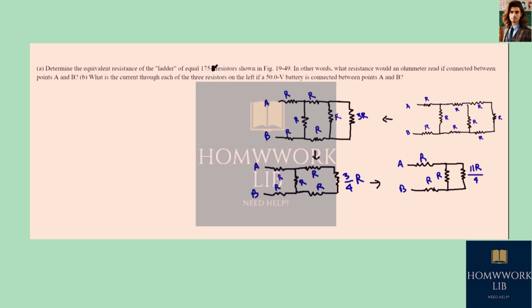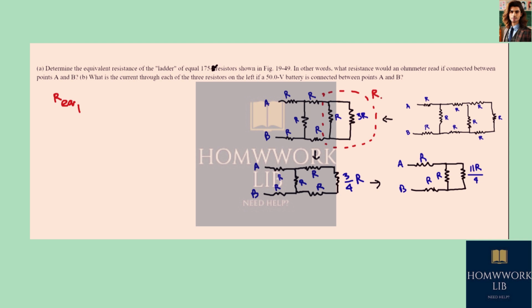Now from there we know that again we are going from the right, so these two are in parallel connection, so we need to find the equivalent resistance for them. So let's call it Req1. So we're trying to find the equivalent resistance of this part. So that's Req1.